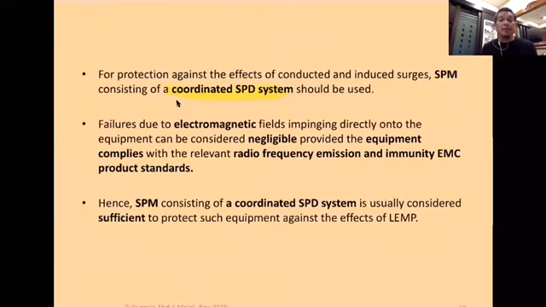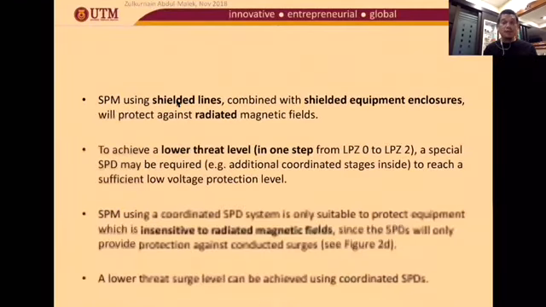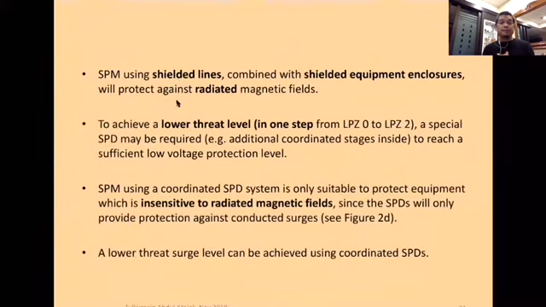Some equipment, as I've mentioned, is already EMC compliant. Therefore, maybe you don't have to worry about radiation, so you just worry about SPD. You can have many zones, not just 1, 2, 3, and so on. As you can see here, if you increase the zones, that means you put more SPDs at the boundaries, or if it's shielding, more shielding at the boundaries.